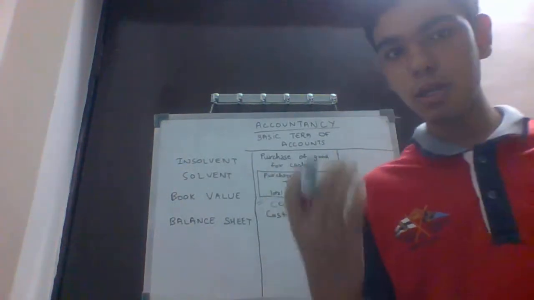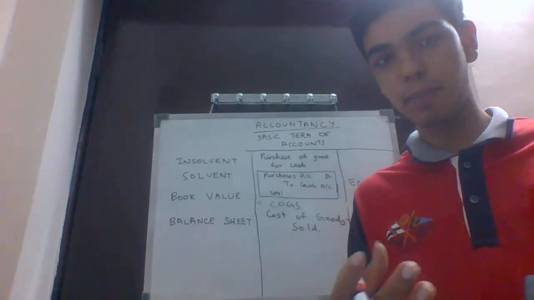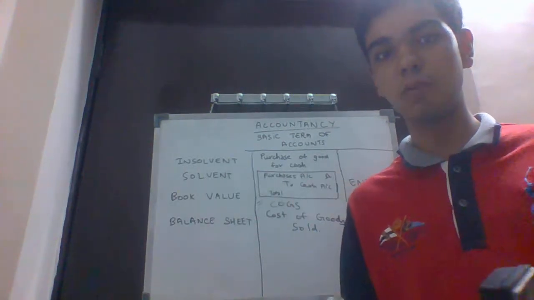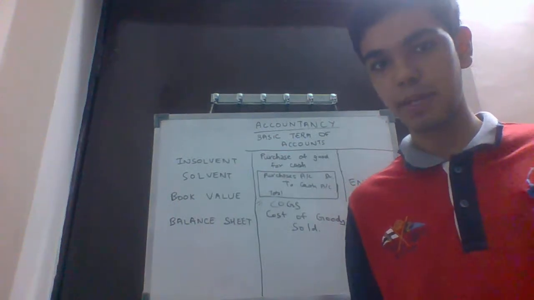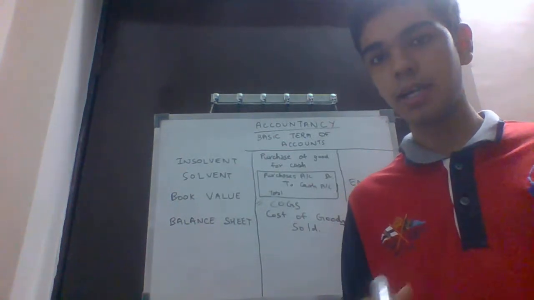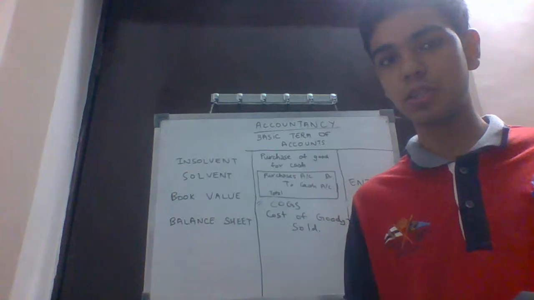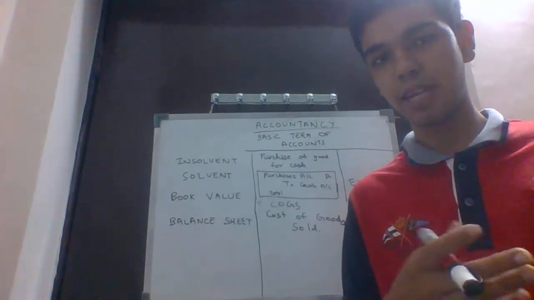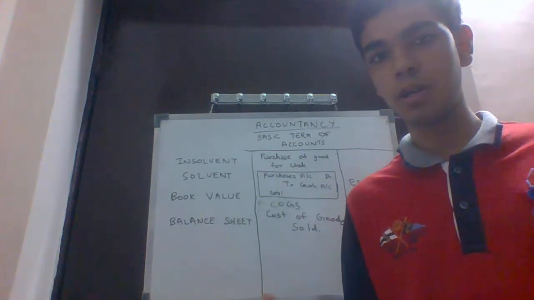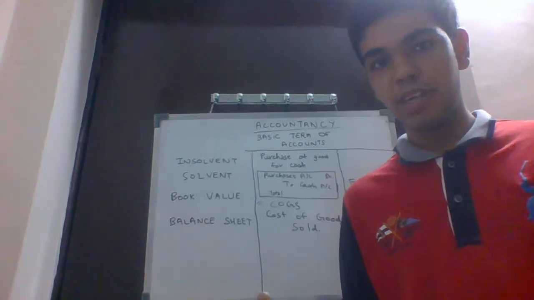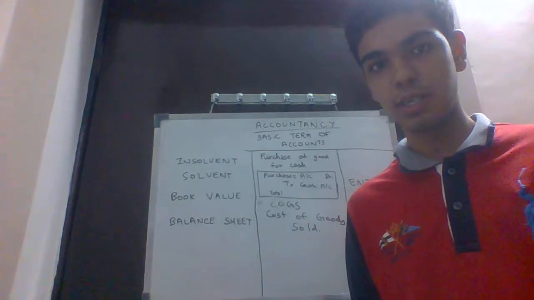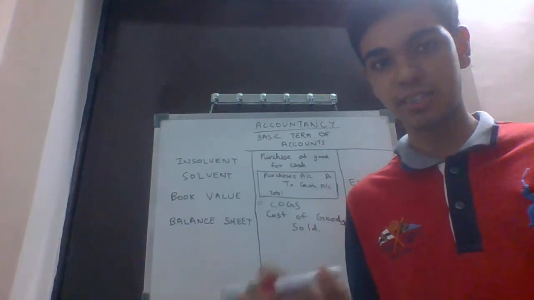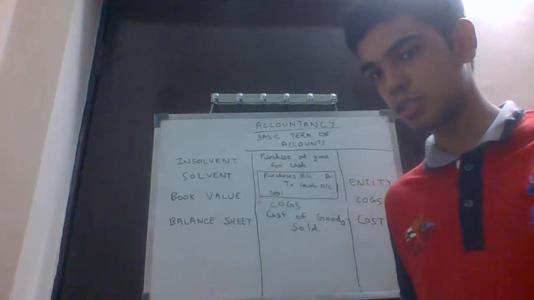Cost is all the types of cost, that is direct cost plus indirect cost. Indirect cost involves various types of costs like legal expense, telephone charges, advertising expense, interest on loans, various kinds of interests, processing fees, auditing fees, stationery, then rent, salaries, etc. These are the indirect costs.